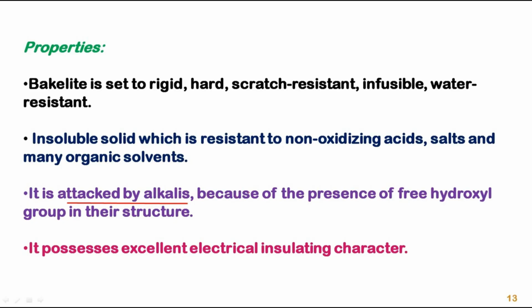This hydroxy group is acidic in nature. It can provide H plus ion. So since H plus is here, the hydrogen is acidic in nature, it can be attacked by alkalis very easily, and it possesses excellent electrical insulating character. This is the main property of Bakelite.